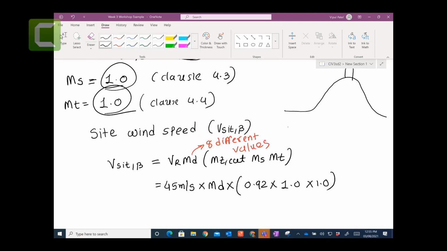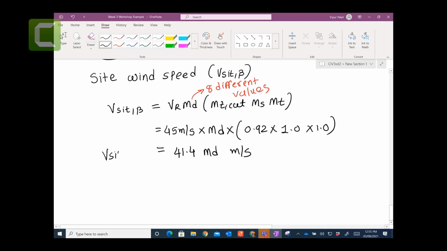If you use your calculators, 45 times 0.92, you get 41.4 times Md meters per second, right? So we still need to work out Md, because we have 8 different values of Md.